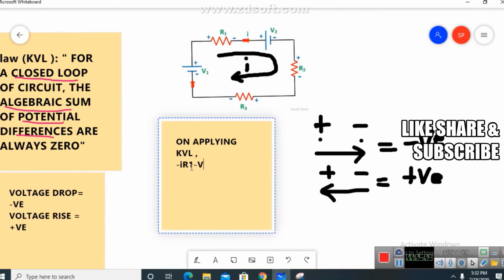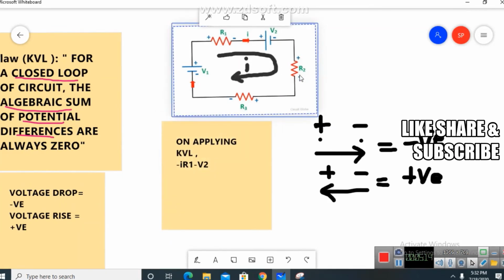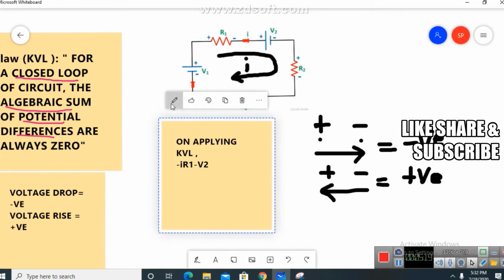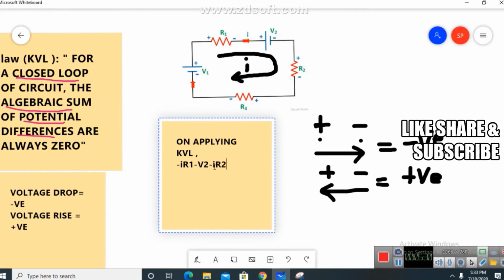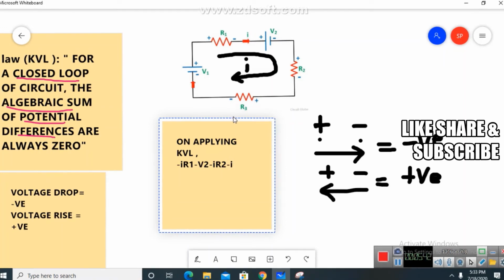V2. Similarly over here, plus to minus means we have a voltage drop. So minus I R2. Similarly over here, plus to minus, that's why we will have minus I R3.